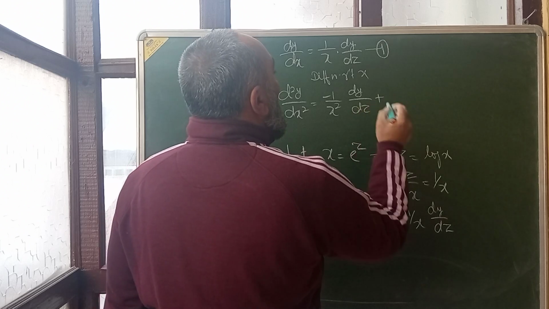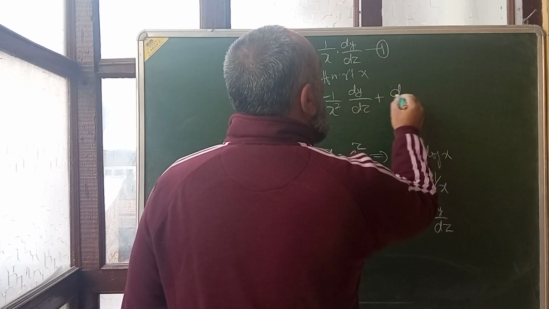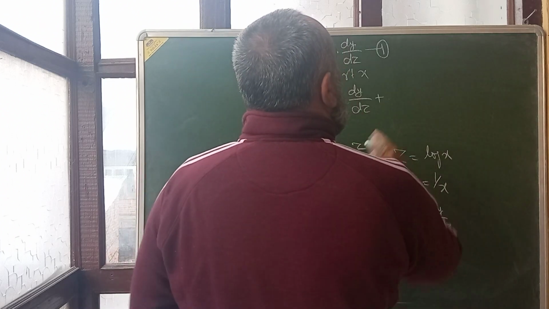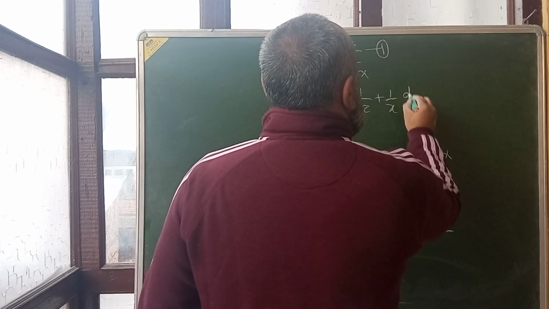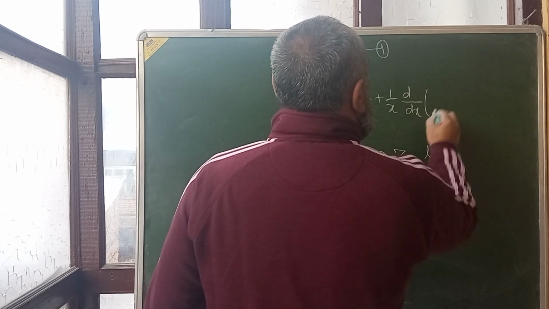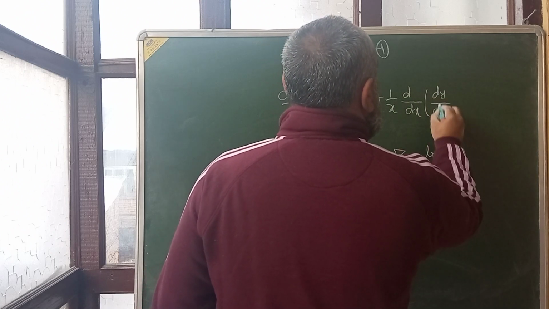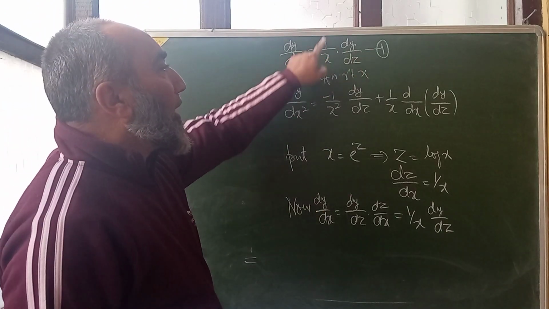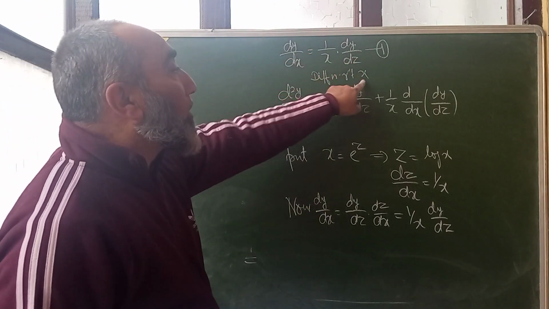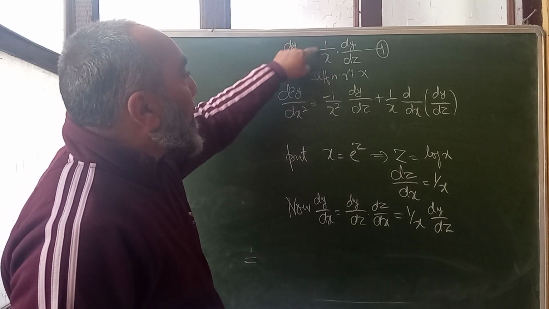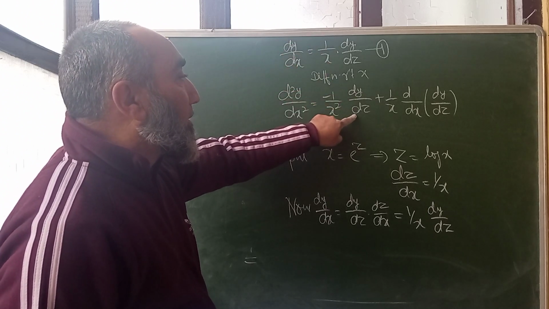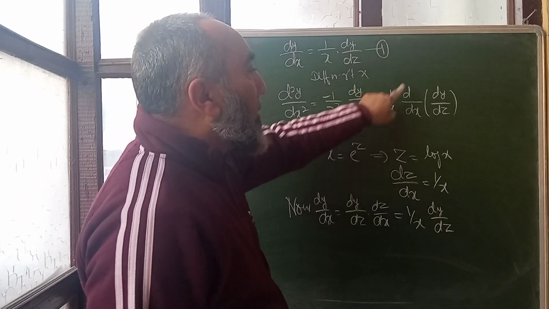Then plus 1 by x times d by dx of dy by dz. You have two functions, 1 by x and dy by dz, and you are differentiating with respect to x. So the derivative of 1 by x is minus 1 by x square, with dy by dz as it is. Then 1 by x as it is, times d by dx of this.